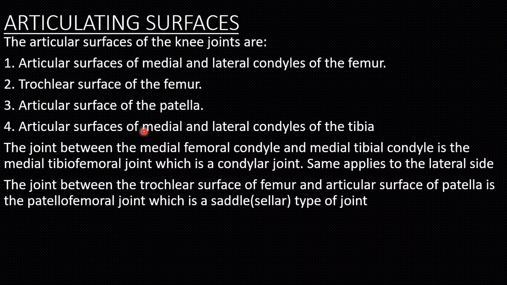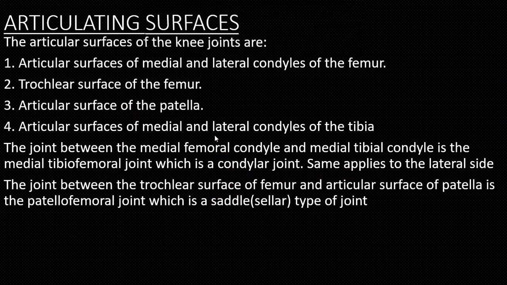The articular surface of the medial femoral condyle will articulate with the articular surface of the medial tibial condyle to form the medial tibiofemoral joint. Then the trochlear surface of the femur articulates with the articular surface of the patella to form the patellofemoral joint, which is a saddle-sellar type of joint.